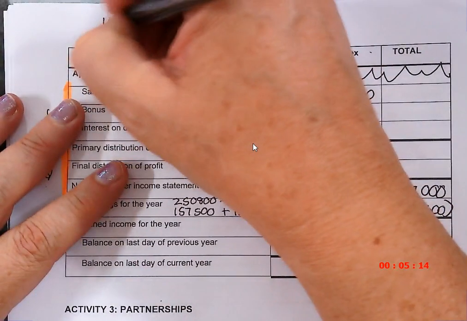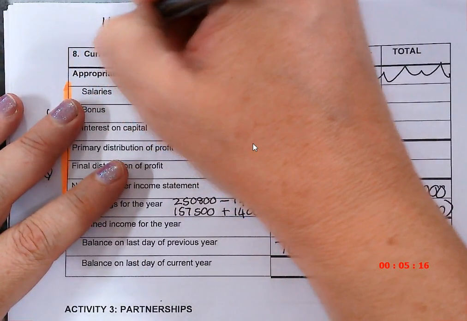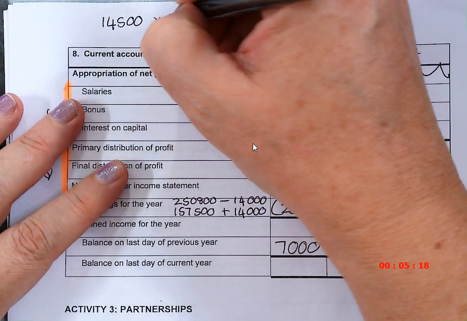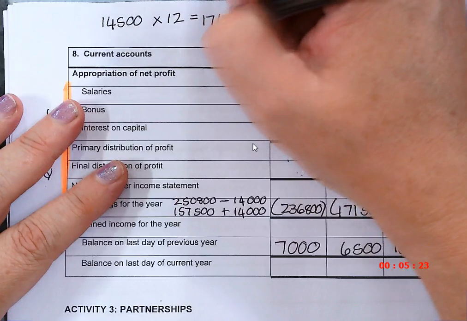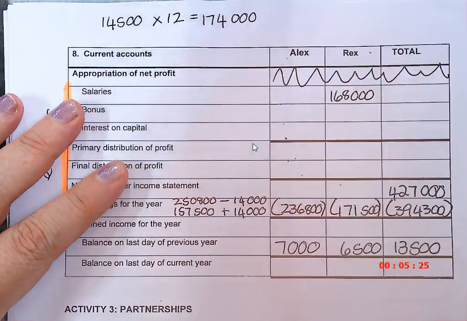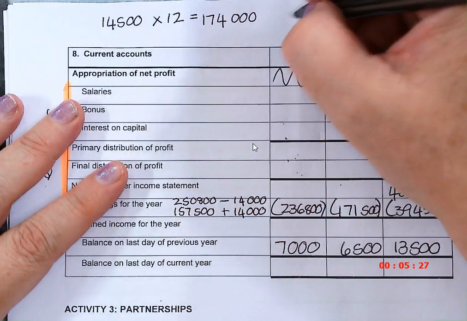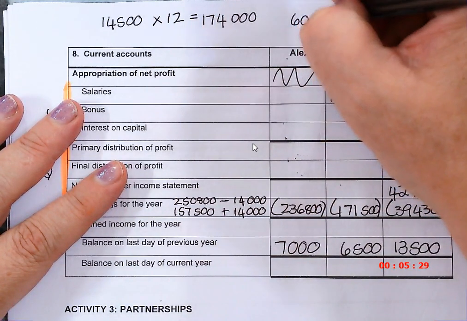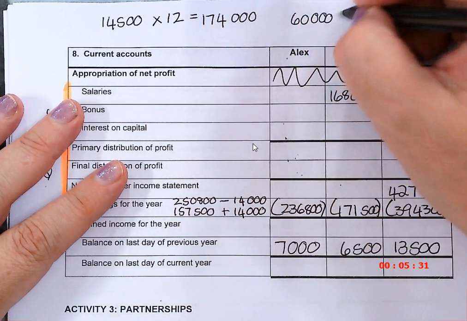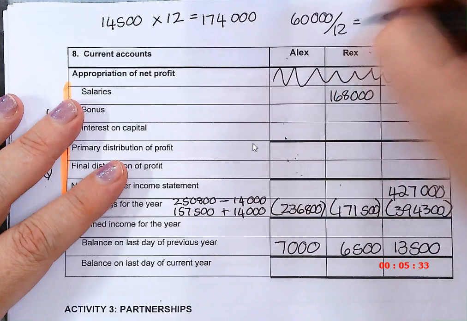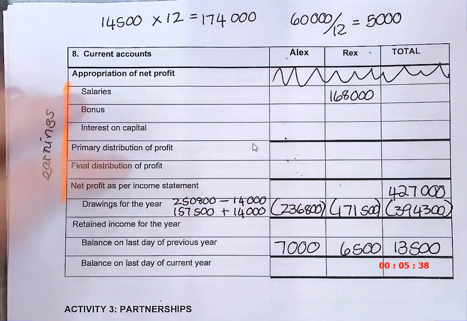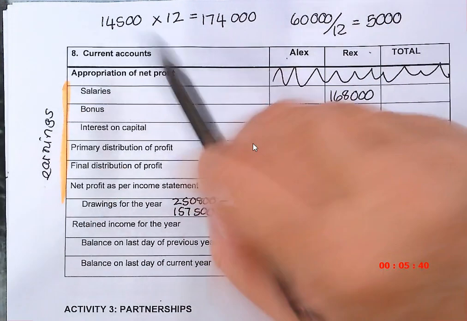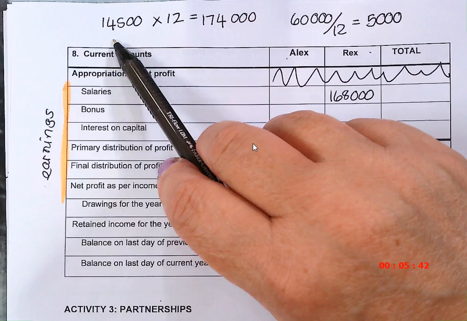Now, if I look at Alex, Alex gets 14.5 a month, né? So if I times that with 12, it gives me how much? Okay, but now they also tell me he got an increase of 60,000 per year. Meaning if I divide it by 12, I see, oh, he gets 5,000 a month extra. Right? So he's going to earn 19,500.